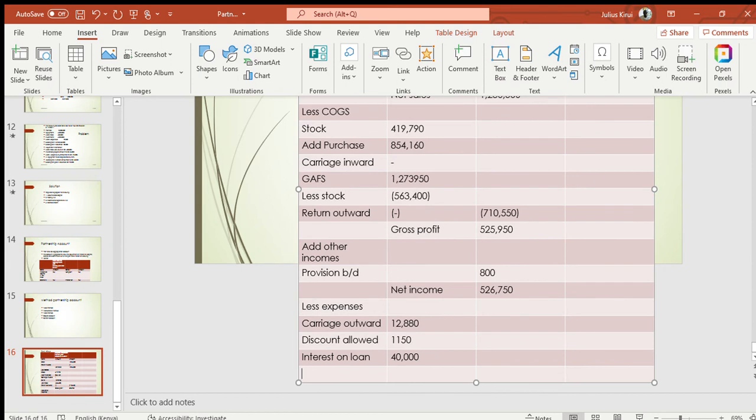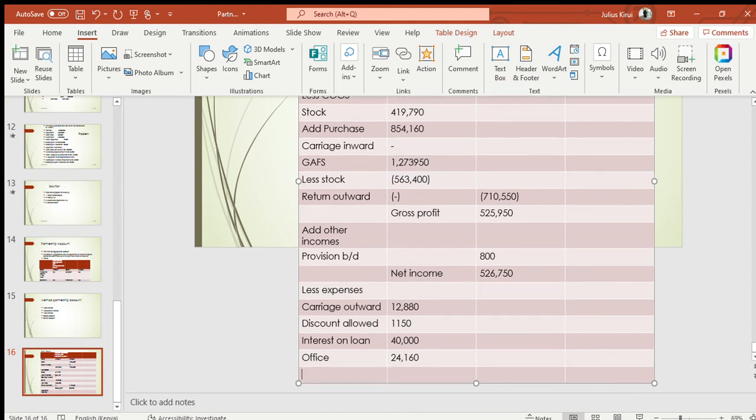And then we have office expenses. That is an expense. Office expenses. How much is office expense? 24,160. Then we have what? Salaries and wages.